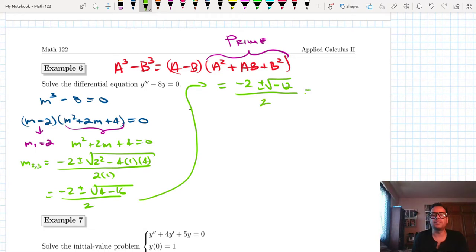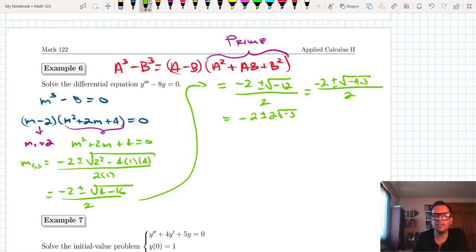So this will be the same as negative 2 plus or minus the square root of negative 4 times 3. And the perfect square that goes out of the radical is the square root of 4, which is, let's stick with the green color, which is 2. So negative 2 plus or minus 2 times the square root of negative 3.